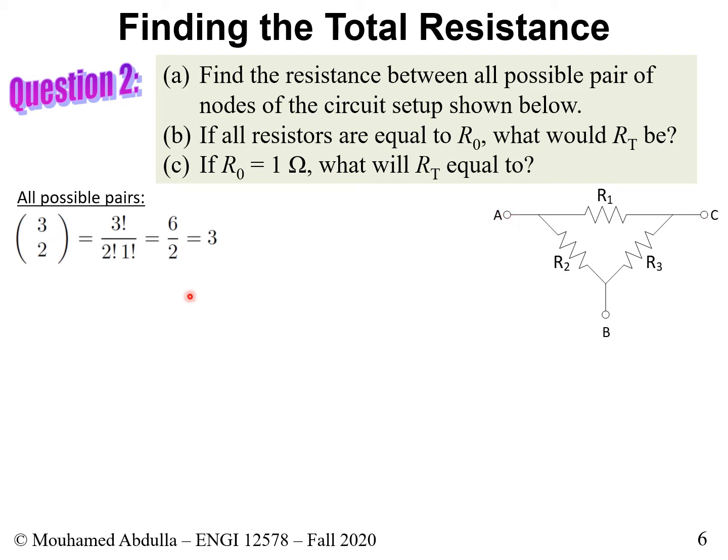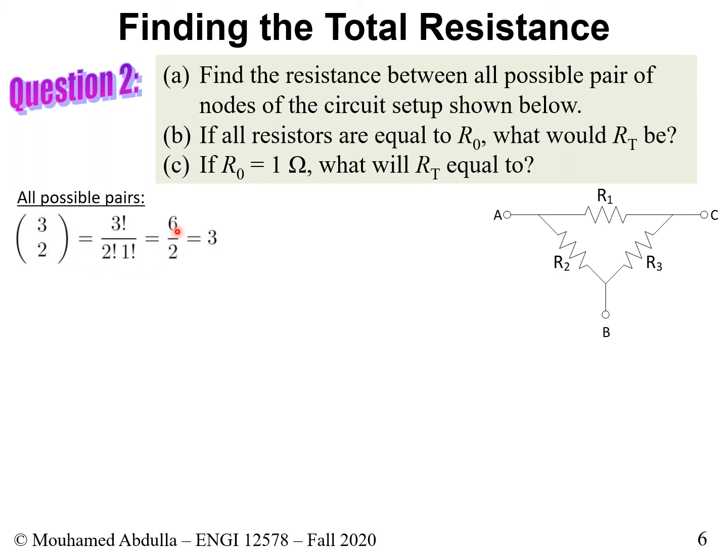So 1, 2, 3, and you want to choose 2. So you want to do a 2 combination. This is a combinatorial expression. So 3 choose 2, and what you do is you do 3 factorial on top, 2 factorial on the bottom, and 3 minus 2, 1 factorial on the bottom.